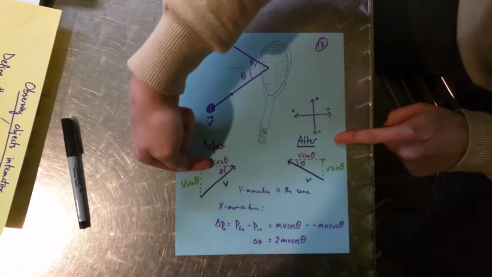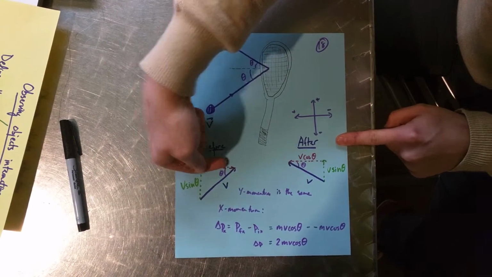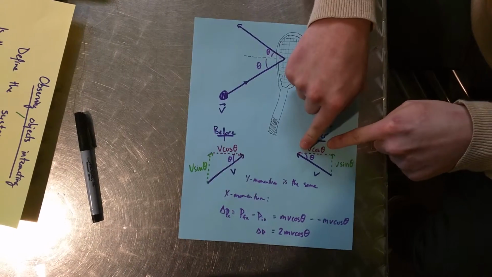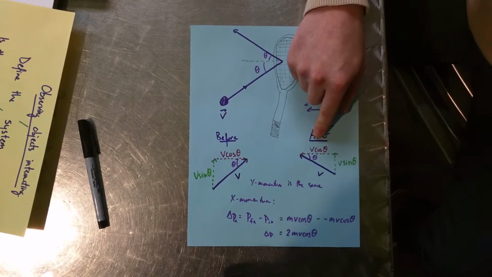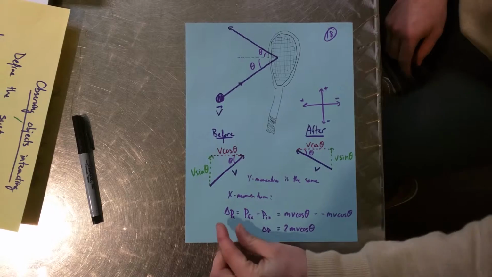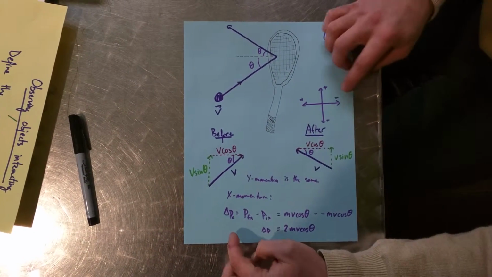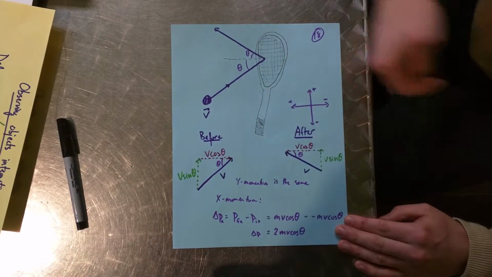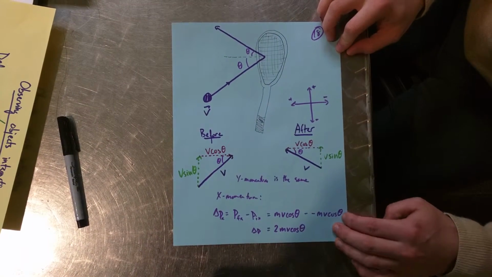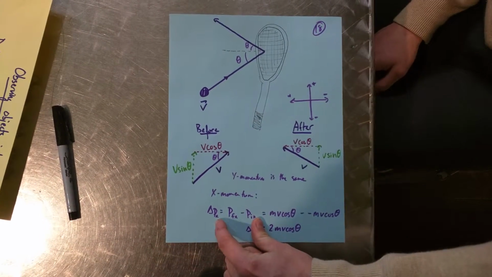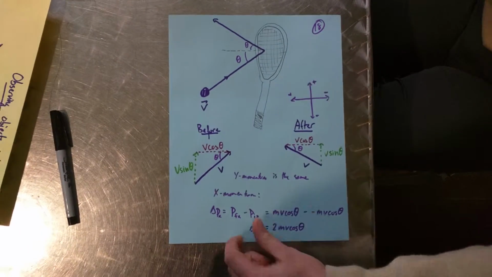Before the collision, the x component of momentum is going this way, and it has the value v cosine theta. Afterwards, it's still v cosine theta, but it's going that way. So I'm going to write an expression for the change in momentum just in the x direction, calling the left positive and the right negative. So the change in momentum is the final momentum minus the initial momentum in the x direction.